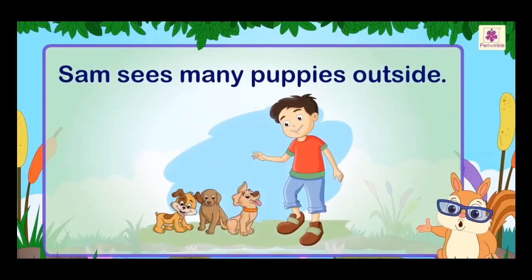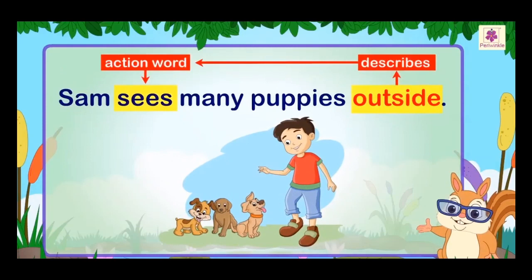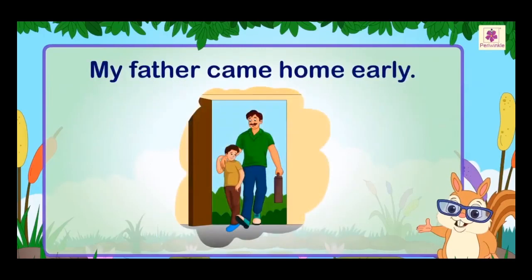Another example. Sam sees many puppies outside. In this example, outside tells us where the action happens. That is, the word outside describes the action word sees. Let's look at one more example. My father came home early.